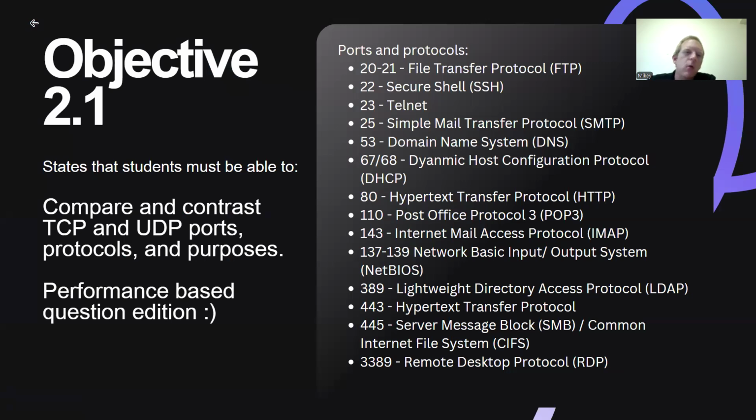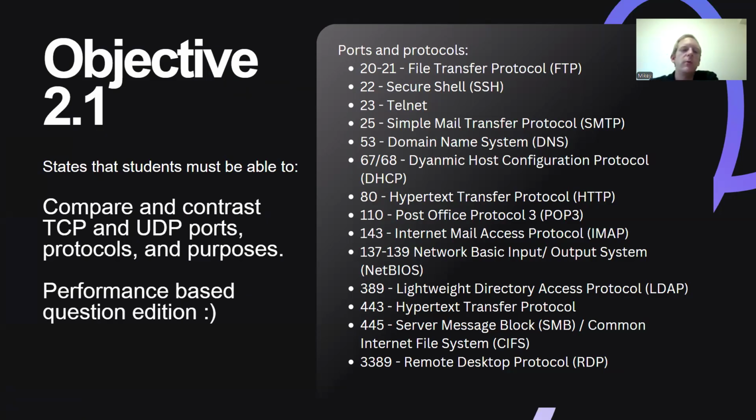We went over these objectives that students must be able to compare and contrast TCP and UDP ports, protocols, and purposes. So we'll have three different performance-based questions. The first two you should be able to do if you watched my last video. If not, it'll be a bit harder, but maybe you want a good challenge.